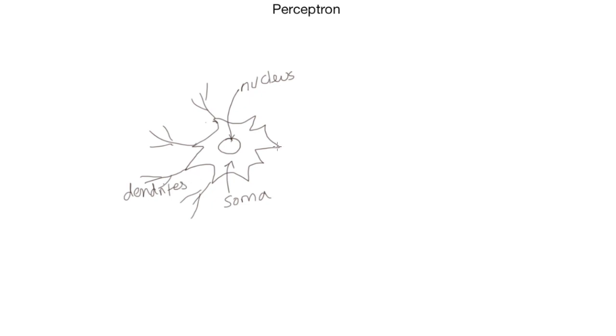Amongst these many dendrites, there is one long protruding fiber called the axon, and this in turn has dendrites which can connect to other neurons.